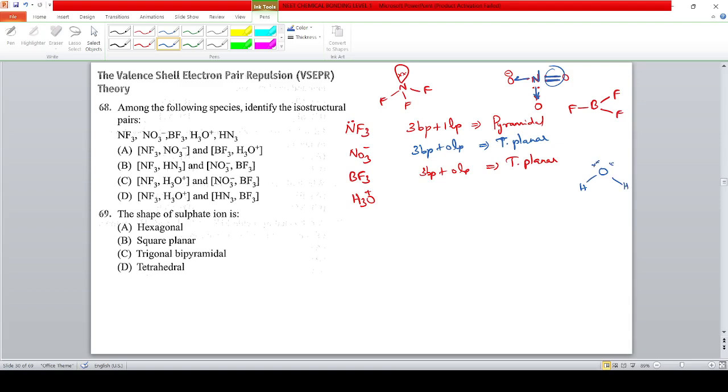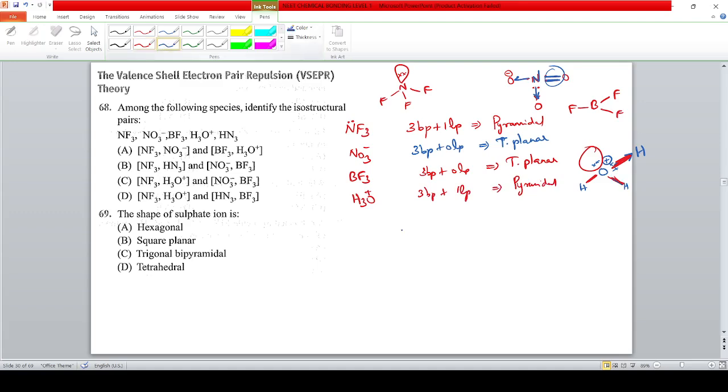This is water molecule, sir. If these electrons are given to another hydrogen, it becomes plus charge because oxygen has donated its electron. Now, around oxygen, 1, 2, 3 bond pairs and 1 lone pair. 3 bond pair, 1 lone pair, it is pyramidal.